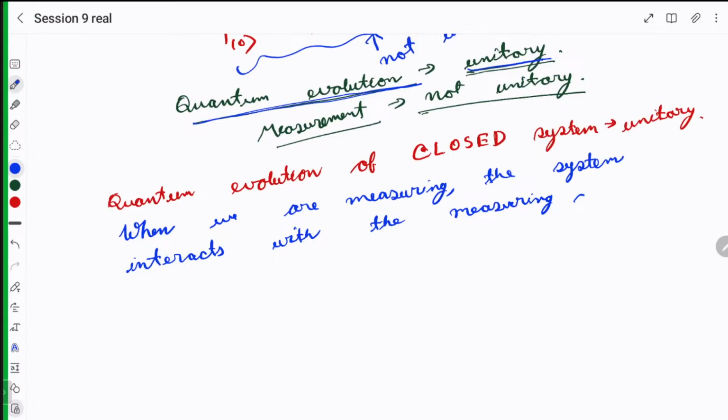Or in other words, during the measurement, the system becomes open.